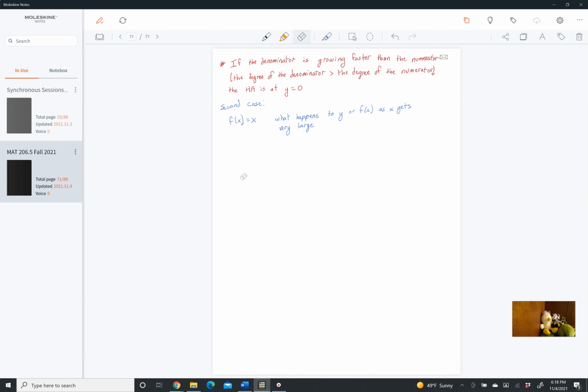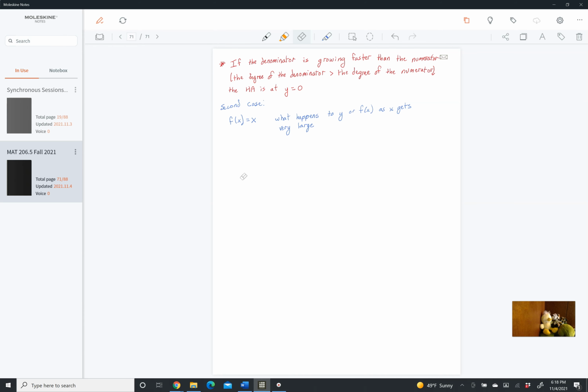Well, if we were to plug in a really, really large number, then our answer is going to be a really, really large number. So essentially what happens is that y doesn't approach any number, right? Y gets really, really large. So if y doesn't approach any number, and the definition of an asymptote is a value that we approach but don't reach, then there is no horizontal asymptote.